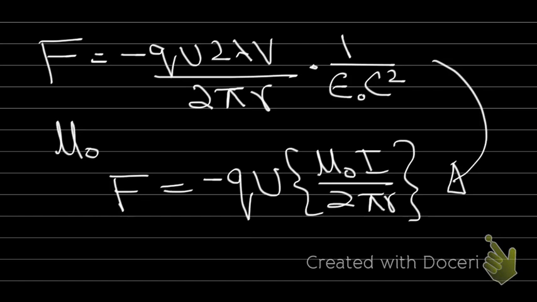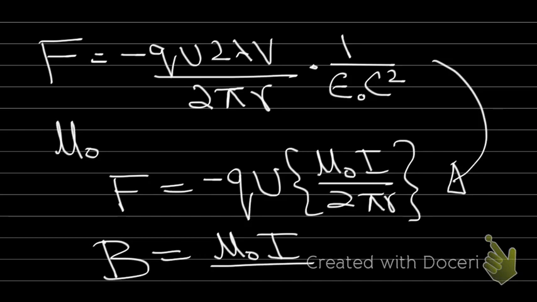Now if you recall from magnetostatics, the Biot-Savart law, I don't know how to pronounce that, states that your magnetic field B is mu naught I over 2 pi r.